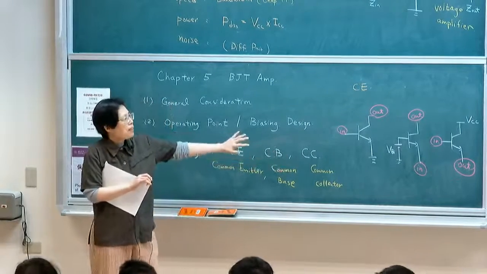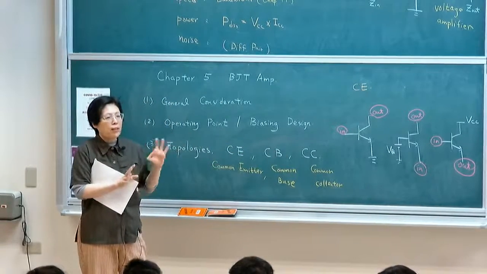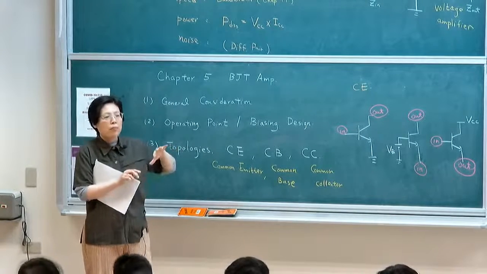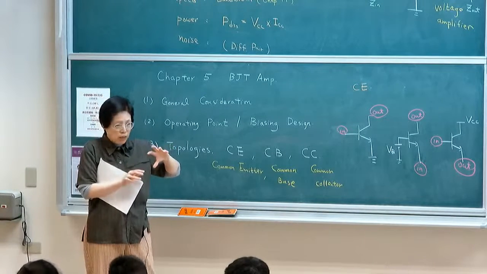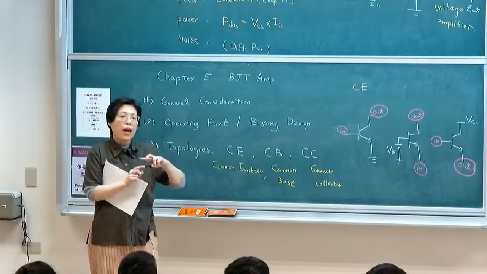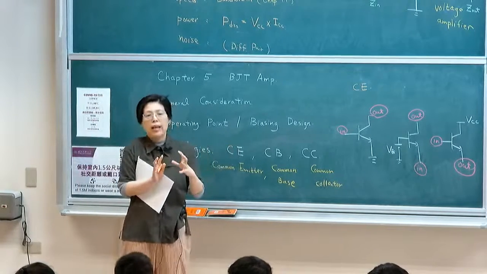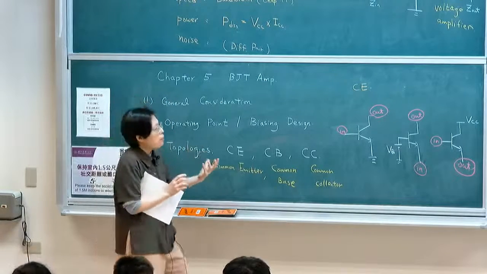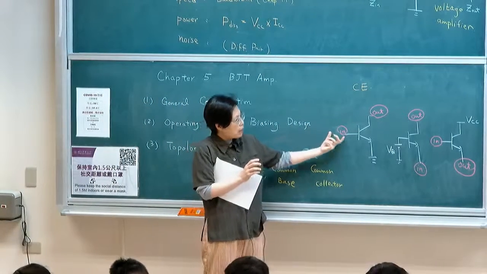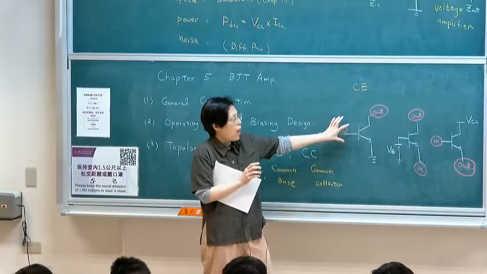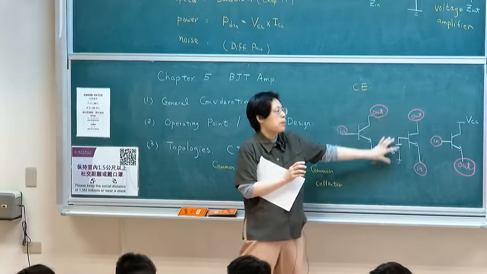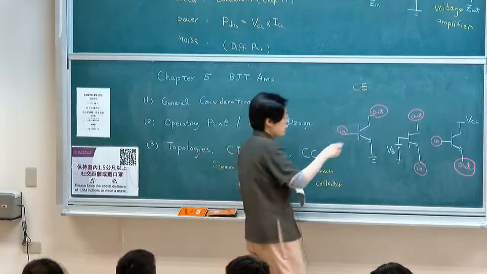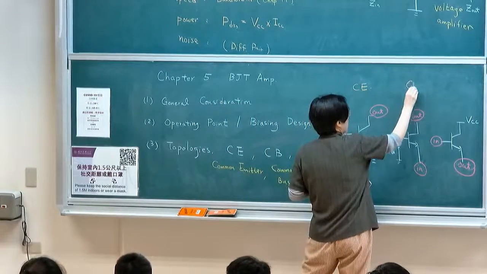Okay. So anyway, we'll go back to our architecture. One of the key points is that the common node is a reference node, and then you have an input and output. In an amplifier, you definitely have an input and output. Therefore, the input will mostly be at the base, that's common emitter, and then your output at the collector is the typical output. So that's what we call the common emitter architecture. And then you have the common base.